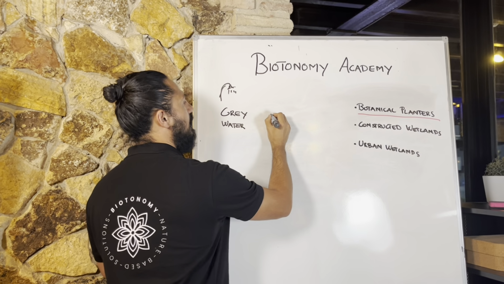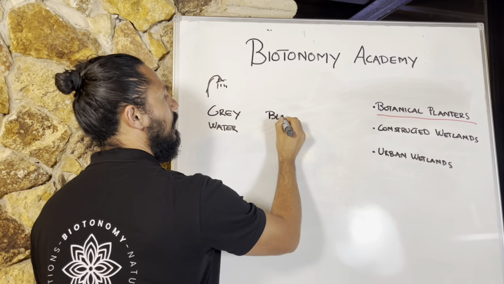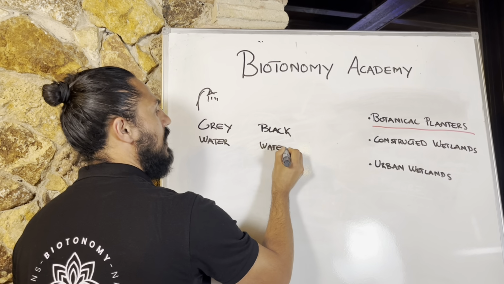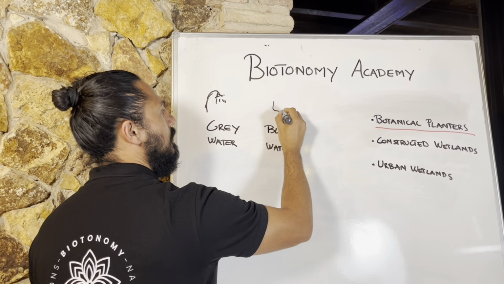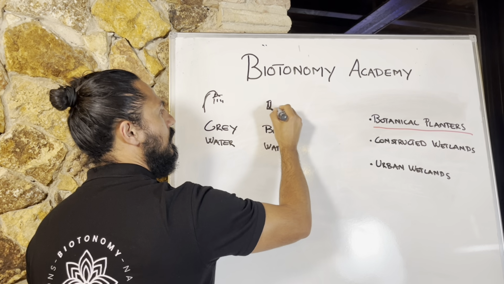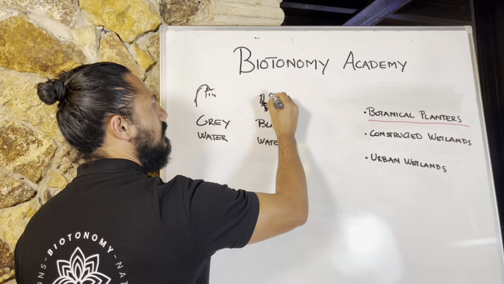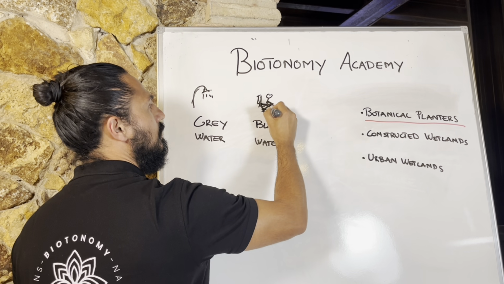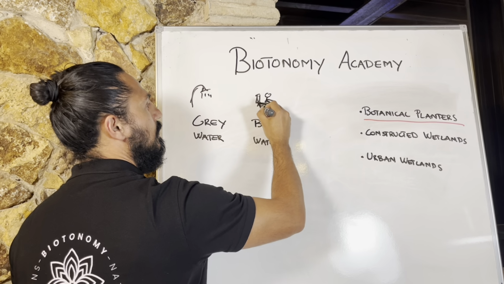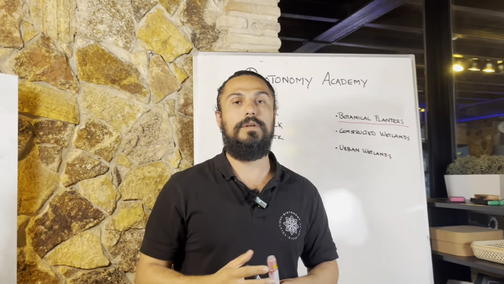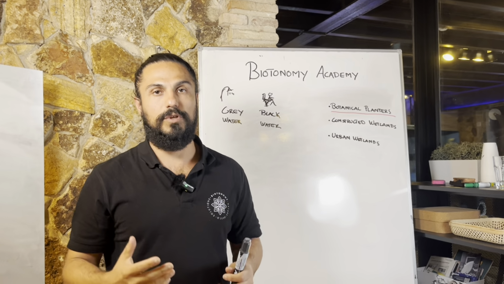Then we have black water. Black water is what comes out of your toilet. When you are using your toilet, you are producing black water. So there's different ways of treating these.